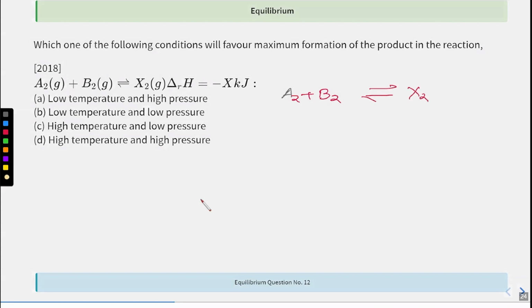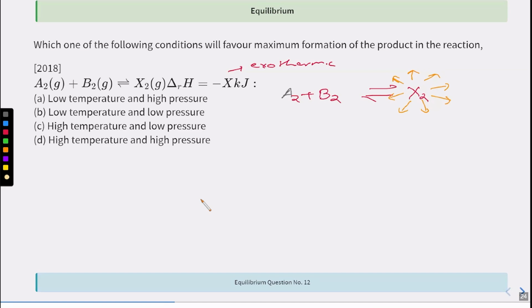Now my reaction is exothermic, and by exothermic, that means I'm releasing a lot of heat. Let us denote the heat with orange color. So a lot of heat energy is being released. For it to release heat energy, the surroundings must be cold, logically speaking, so a low temperature is required.